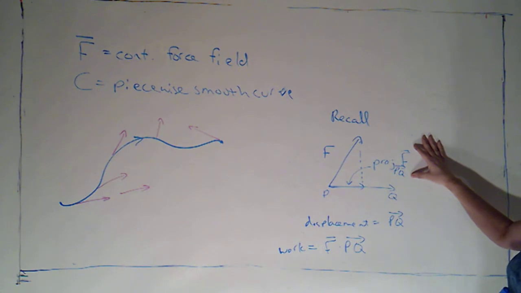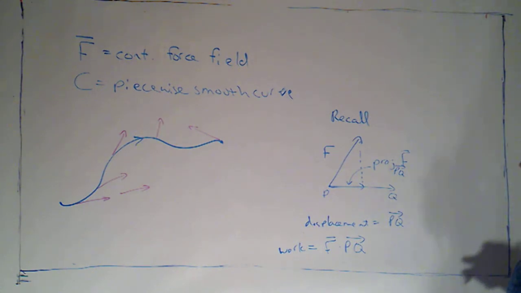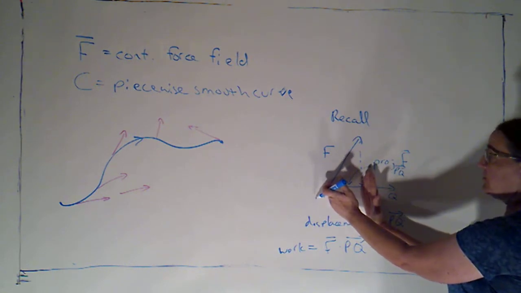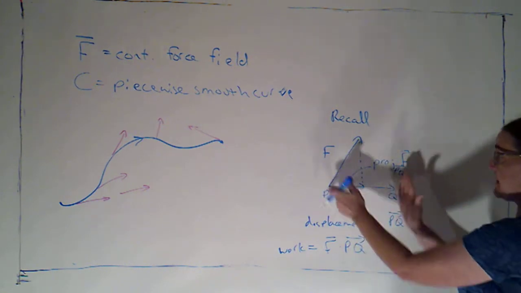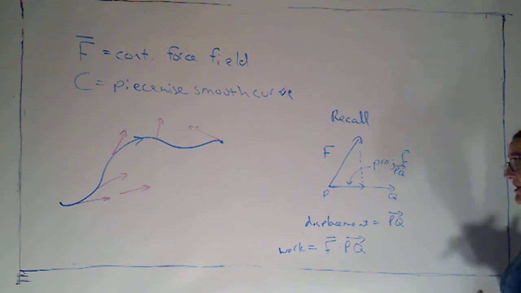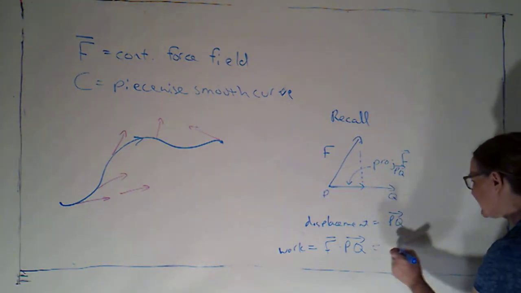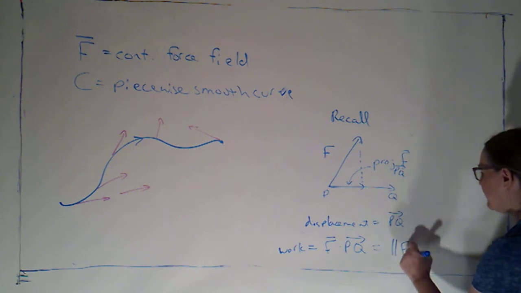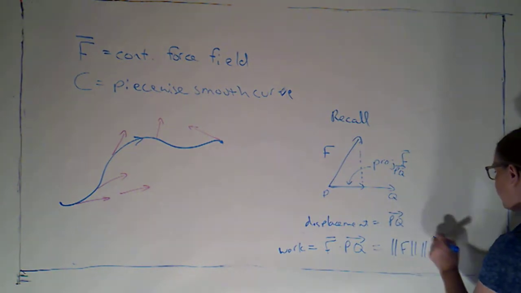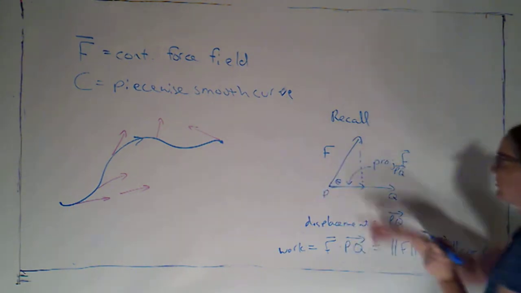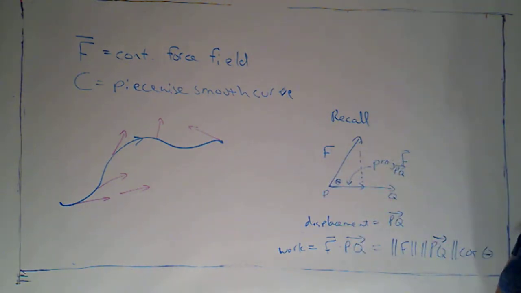And so then I would be able to say, okay, so the magnitude of the force is going to be the magnitude of just this component, and then the distance is going to be the magnitude of PQ. But if we take a look at this dot product, that's actually the magnitude of F times the magnitude of PQ times cosine of theta, where theta would be the angle between the force and the displacement vector.